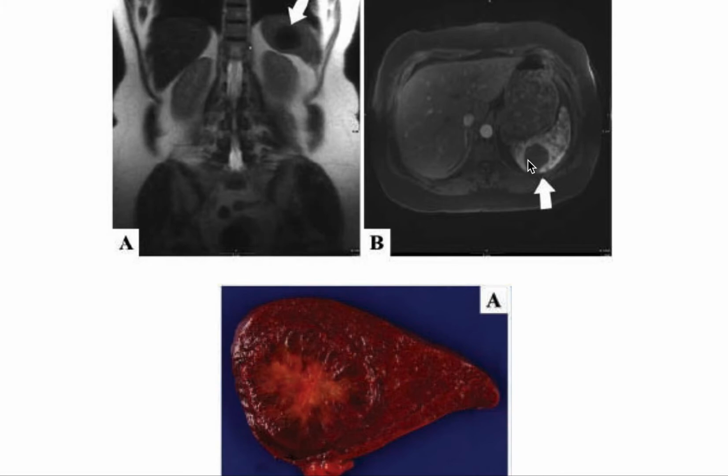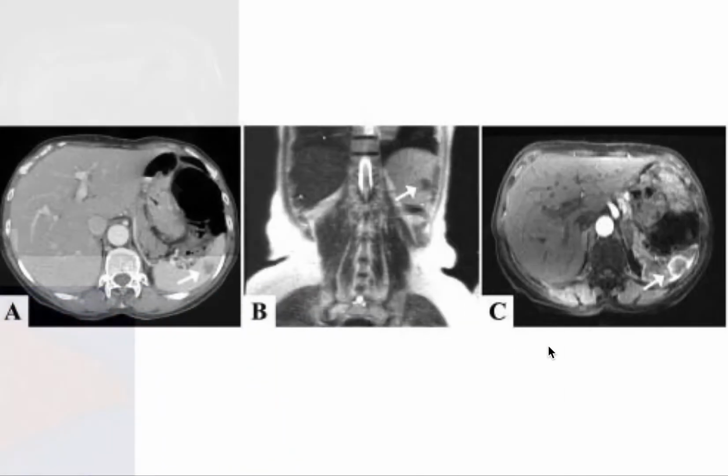What you see on radiology is well circumscribed nodules in the spleen, and grossly they're quite well circumscribed with a central radial scar. Here's another case here.